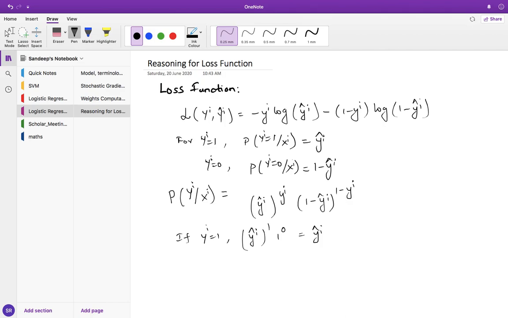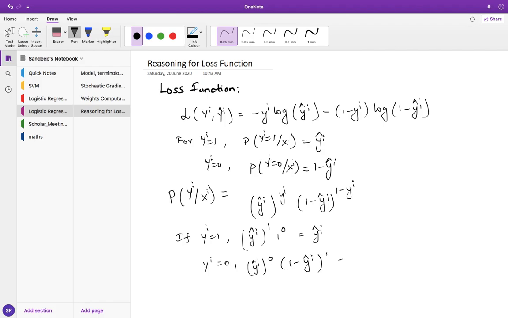And if yi is equal to 0, then if you substitute yi as 0, this first term would be 1. So let me write it here: yi cap power 0 into 1 minus yi cap power 1 minus 0.